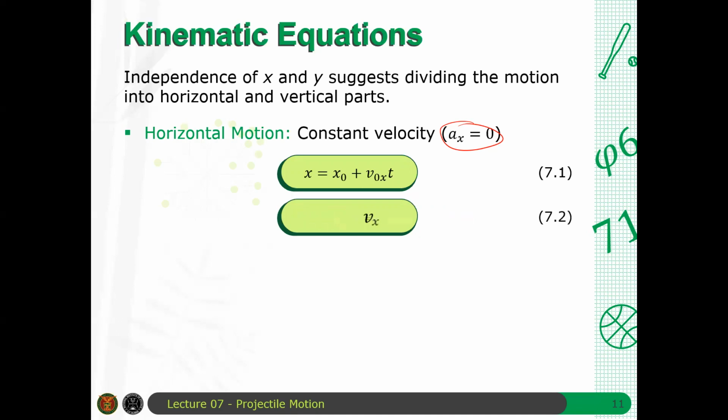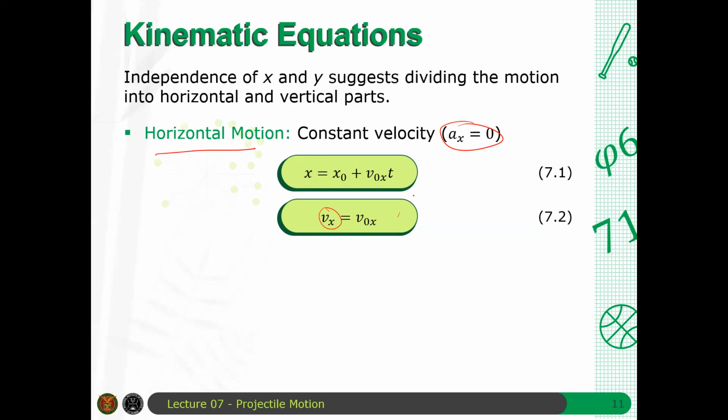Now, the velocity, since it's constant, edi walang nagbabago sa Vx. The final velocity is the same as the initial velocity regardless kung nasaan yung particle. Okay? Same yung initial at final velocities for the horizontal component of motion. Questions?